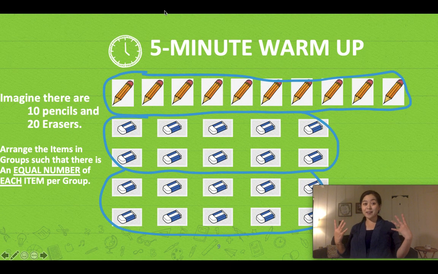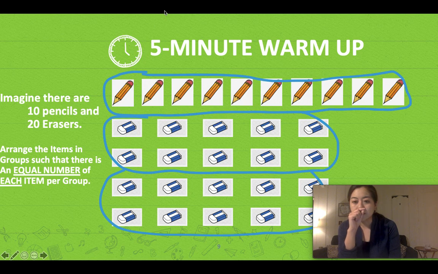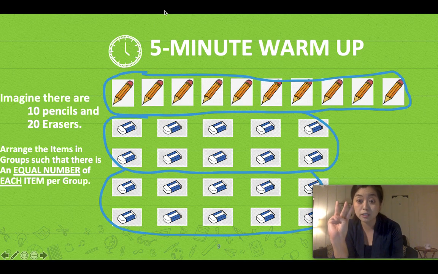All right, welcome back. One way that we can arrange these items into equal groups is, look at the blue circles. I have 3 blue circles, and each of the blue circles represents one group. So there are 3 groups because there are 3 blue circles. How many items are in each circle?